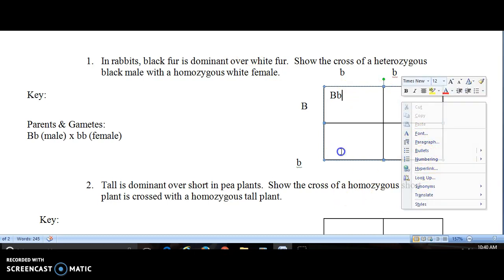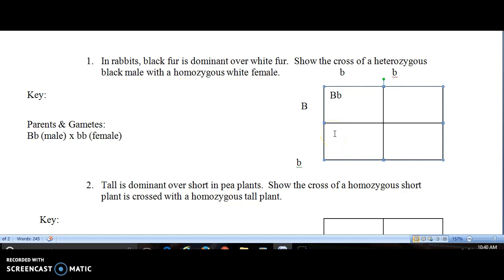And you keep on doing that, going from the side and the top. So here in this box, we go from the side and the top. Capital B, lowercase b. And then down here in the lower box, we would just go lowercase b, taking the letters from the side and the top.